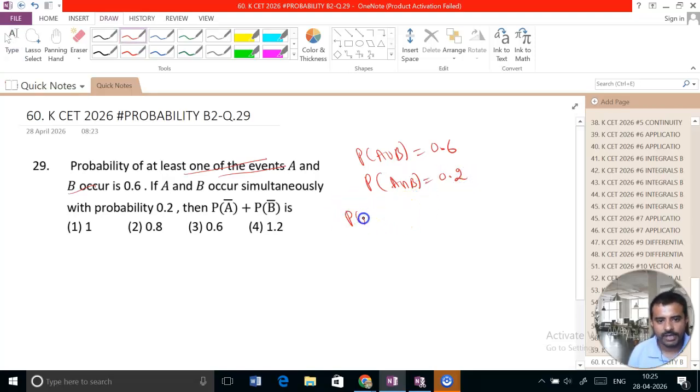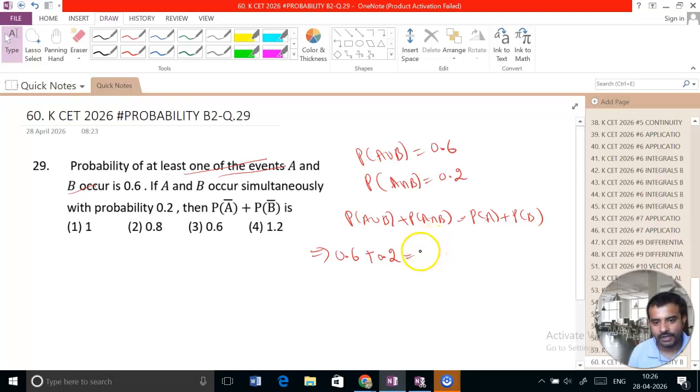And we know the formula, probability of A union B plus probability of A intersection B is equal to probability of A plus probability of B. We know probability of A union B is 0.6, probability of A intersection B is 0.2, but we need probability of A bar plus probability of B bar.